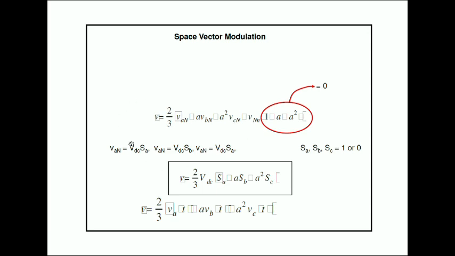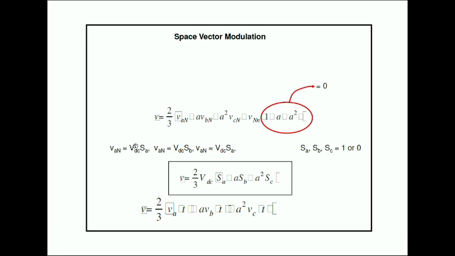If you add all of these, you get 0. Or mathematically, substitute e power j 2 pi by 3 for A and e power j 4 pi by 3 for A square, and you get the same. Thus the VNN term will not be there, and we get V is equal to 2 by 3 into VAN plus A VBN plus A square VCN as the equation.